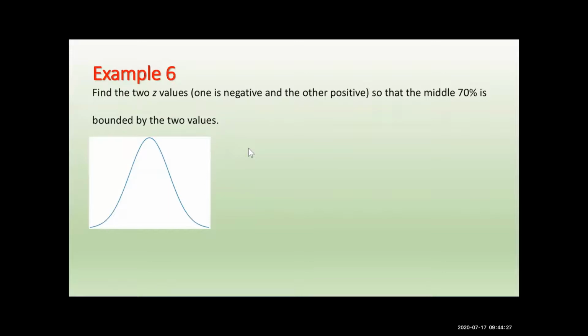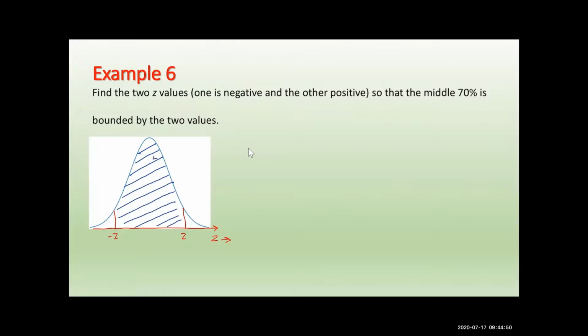So if we have this x-axis here, where we have the z-scores, we need these two z values. This is the negative value, and this should be the positive value, so that the area in the middle is the 70% area.